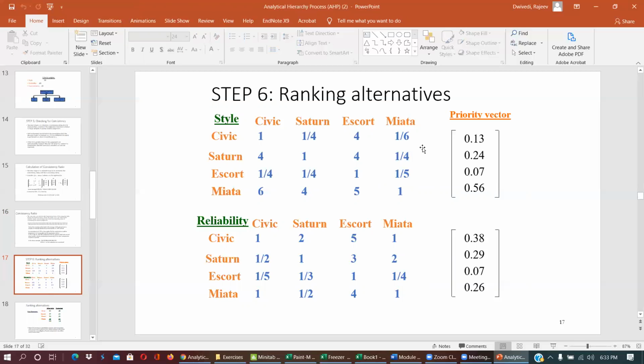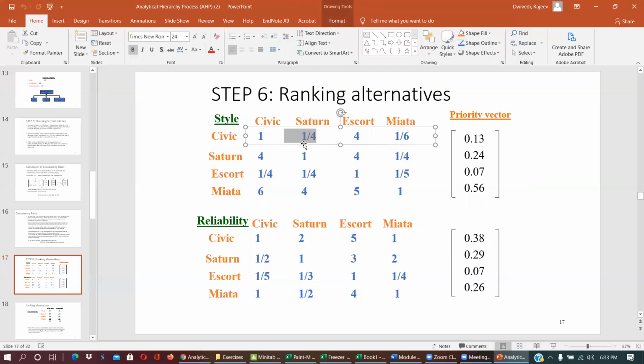Again, you can do the same pairwise comparison. Civic is preferred 1/6 of Mazda. Saturn, so this is 1/4, therefore here the 4. Saturn is 4 times preferred as compared to Escort.